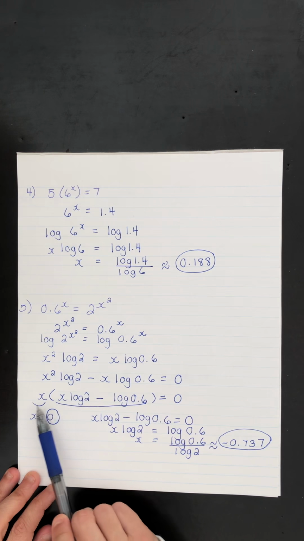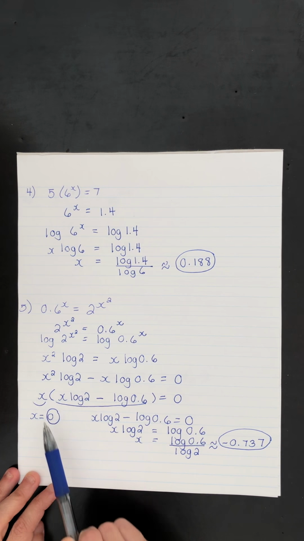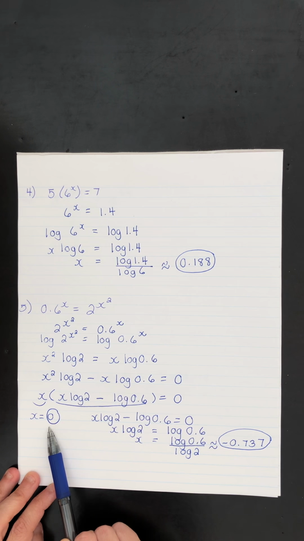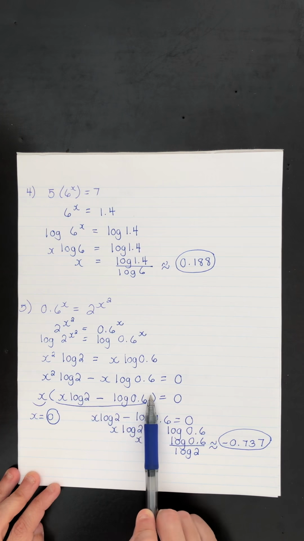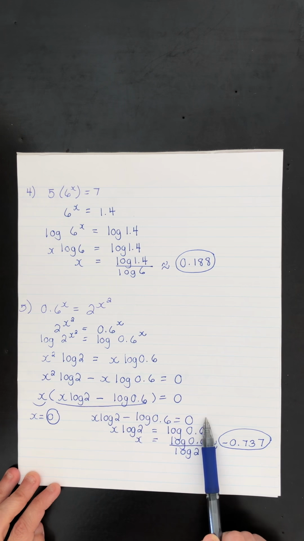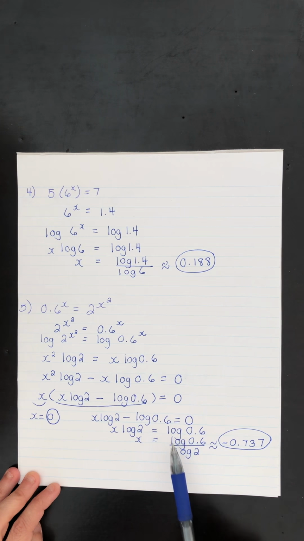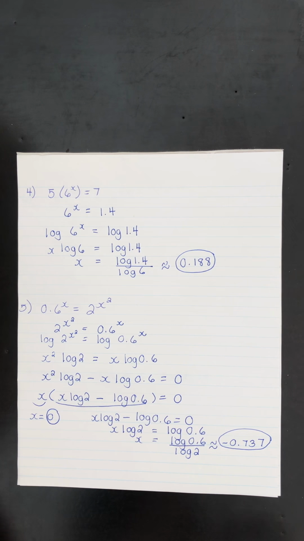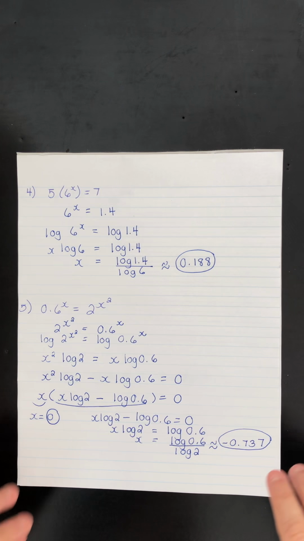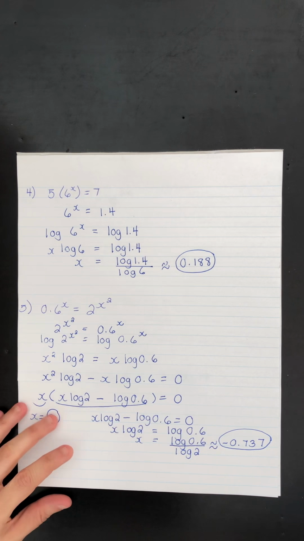So we common factored the x, giving us one answer, x is 0 immediately. The other term is also set equal to 0, and x is carefully isolated. Okay, that one was a little bit involved for sure. We're going to do one more problem together.